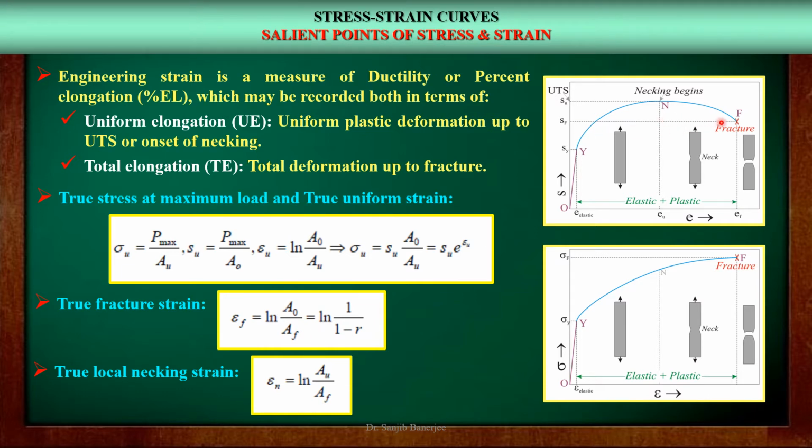Lastly, if we consider only the necking stage, we see that the true local necking strain, which is denoted by epsilon n, will be equal to log of Au by AF, where AU denotes the area at maximum load and AF denotes the area at fracture.